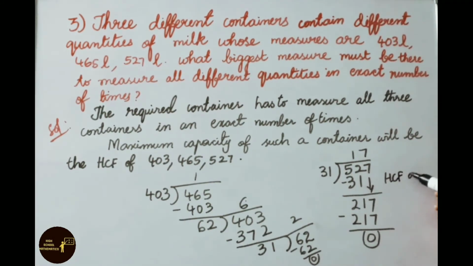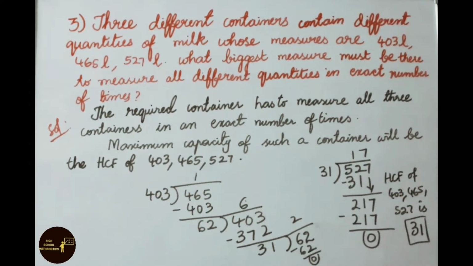Therefore, HCF of 403, 465 and 527 is 31. Therefore, the maximum capacity of the required container is 31 liters. It will fill the first container in 13 times, second container in 15 times and third container in 17 times.